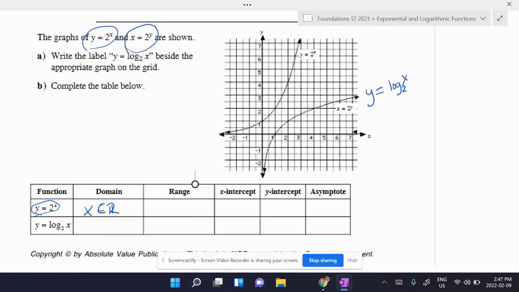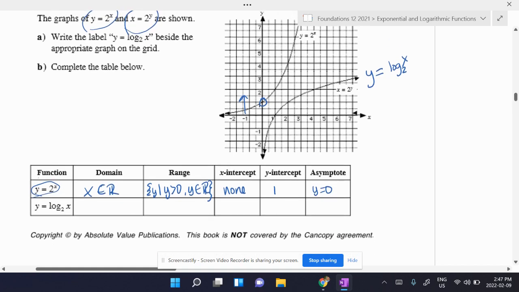The range, y can only be greater than 0. So y such that y is greater than 0, and it is only real numbers. There is no x-intercept. The y-intercept is 1 and the asymptote is y is equal to 0.